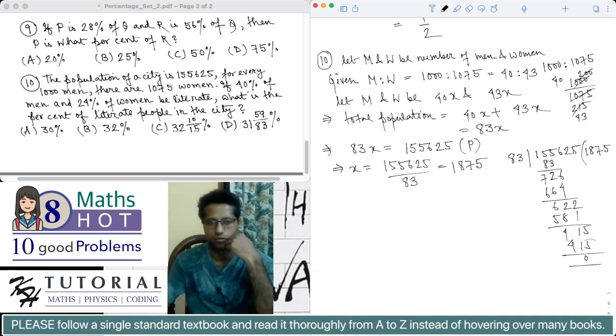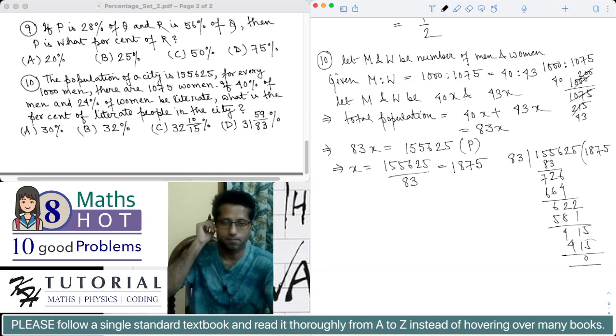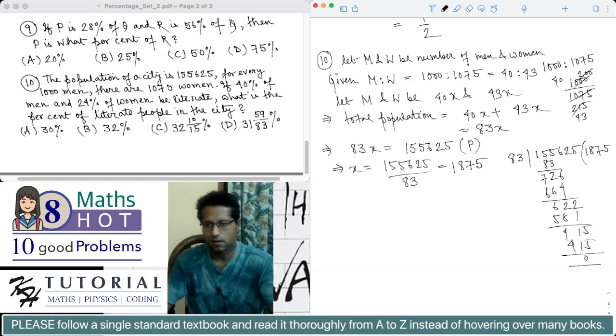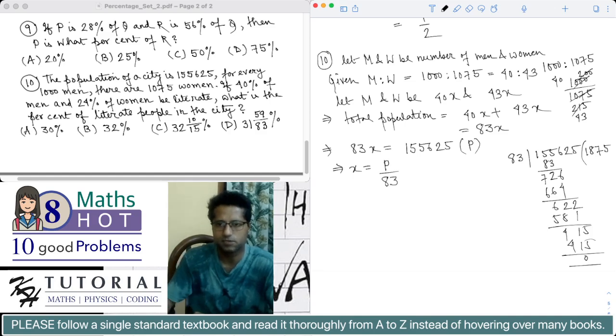I don't think the total population value will actually be used. If we had to find the total number of literate people, then the total population would be required, but it is asking for the percentage. So let's forget about the calculation. If the total population was p, then x will be p by 83, where p is the total population.